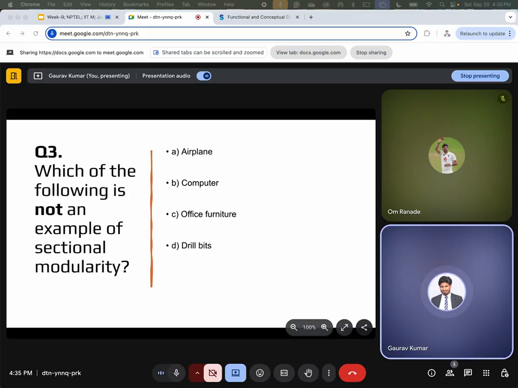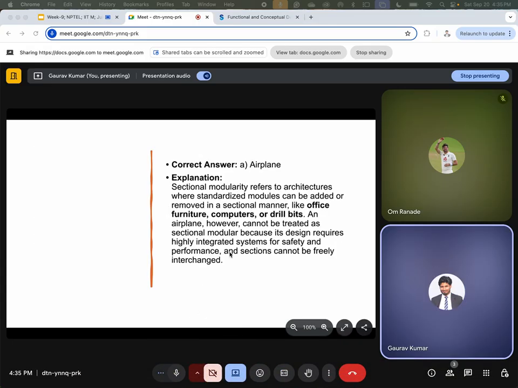Their design prioritizes structural integrity and performance over modular interchangeability, making them an exception in this context. Okay, so the right answer is option A, airplane. As you can also see in the explanation part. Now moving towards the next question.